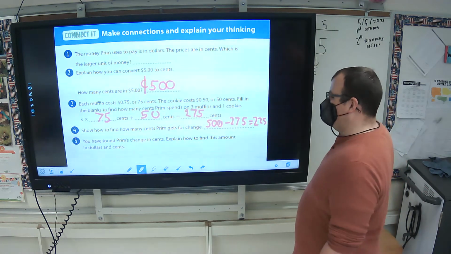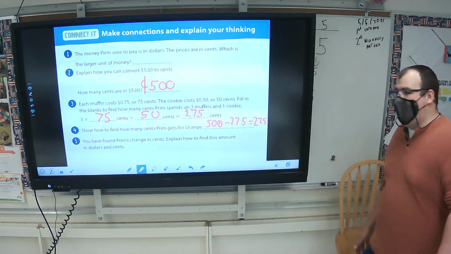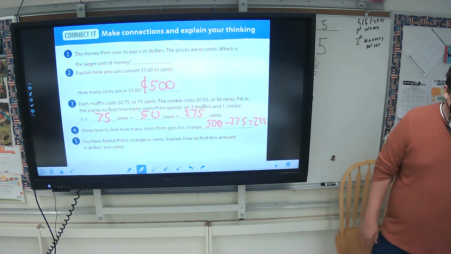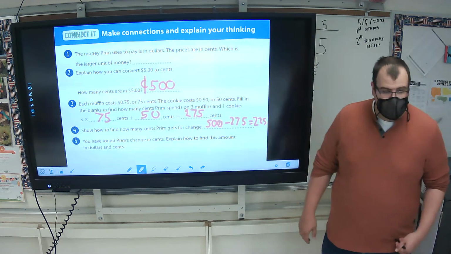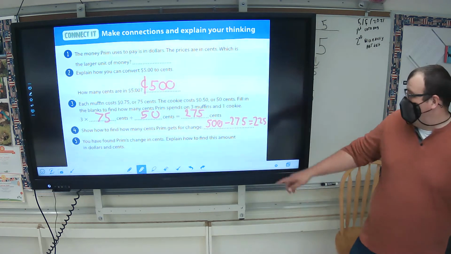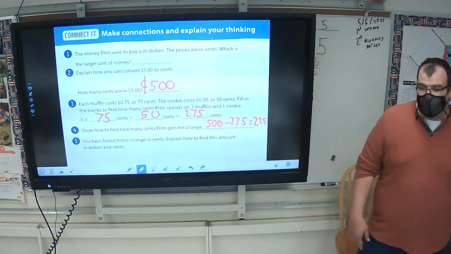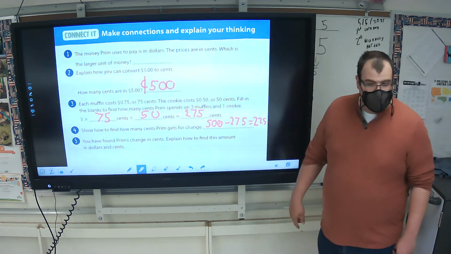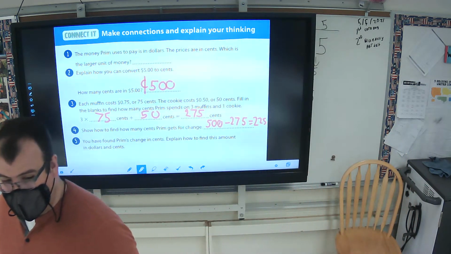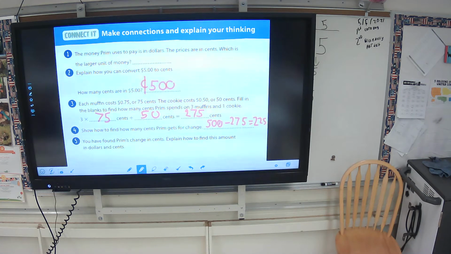So you have found Prim's change in cents. How can we find that in dollars? How can we turn the 225 back into dollars and cents? You add a decimal behind the first 2.